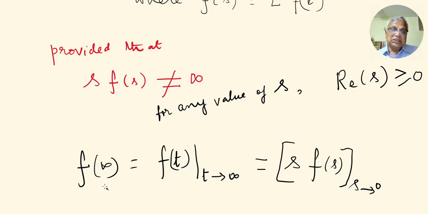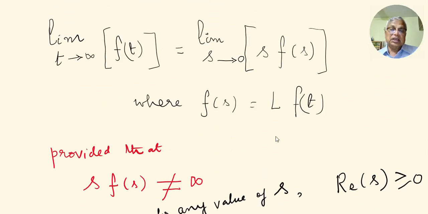This gives the ultimate value of a function. The ultimate value of a function is f of infinity. Normally f of infinity can be found from f of t at t tending to infinity. It can also be found by s into F of s at s equal to 0.